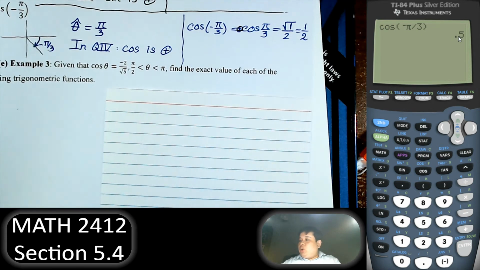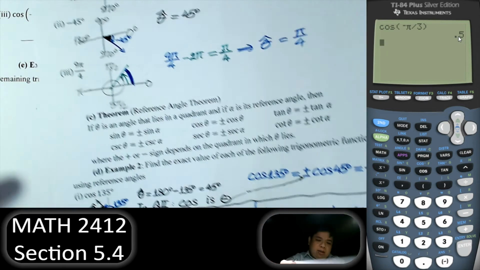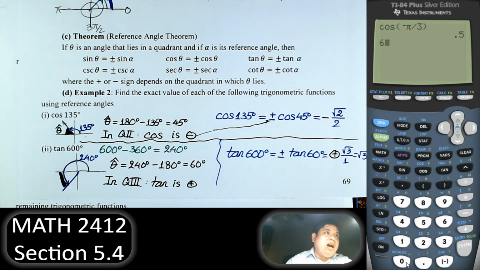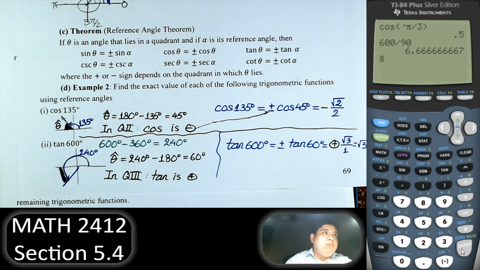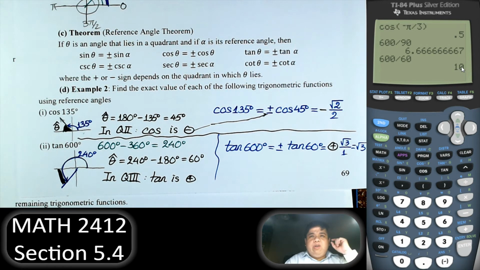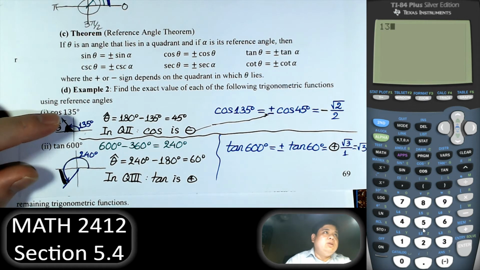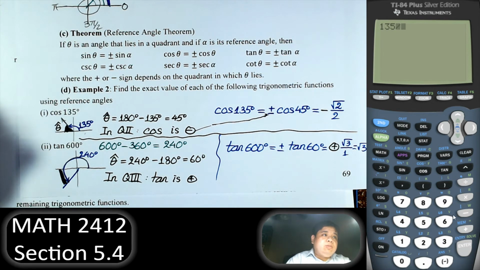Now let's go back to the previous example and see. 600 degrees. Well, try to divide by 90. No, it's not a whole number. How about 60? Yes, that is a whole number. So the first one that works gives us the reference angle of 60 degrees. Right. Now, how about 135?